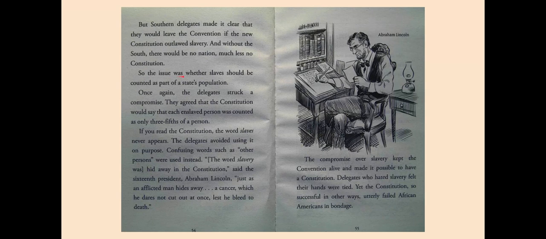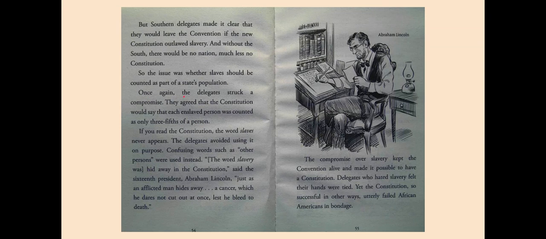So the issue was whether slaves should be counted as part of a state's population. Once again, the delegates struck a compromise. They agreed that the Constitution would say that each enslaved person was counted as only 3/5 of a person. Okay, hold on.